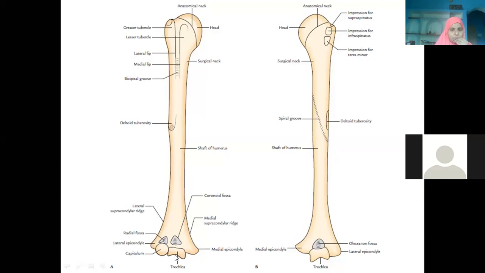Basically, the trochlea and capitulum will be articulating with the ulna and radius bones. For example, the trochlea will be articulating with the trochlear notch of the ulna, and the capitulum will be articulating with the head of the radius. The superior end of the radius has a cup-like depression where this capitulum comes and rests, to form the elbow joint.